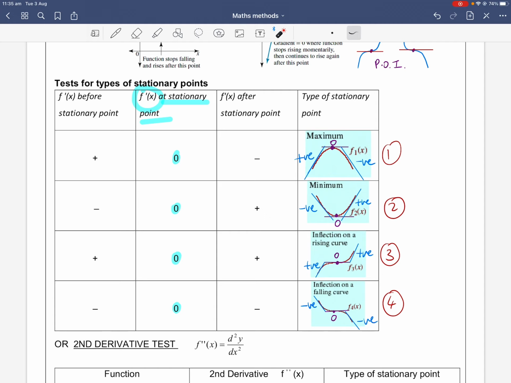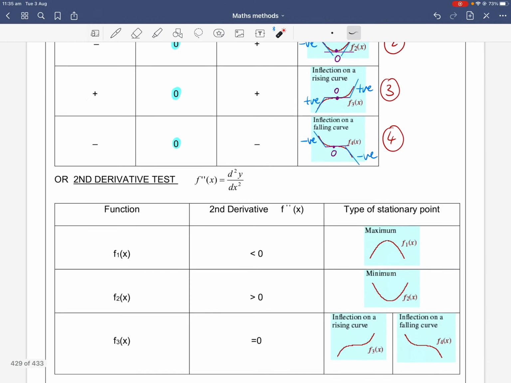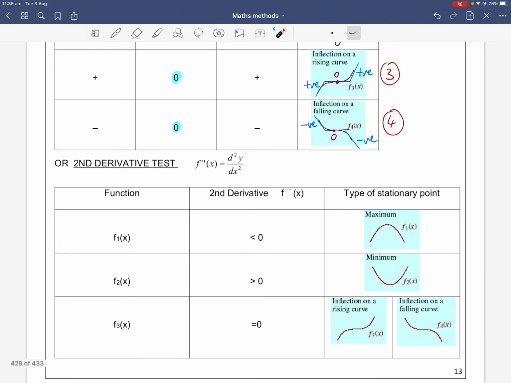There's also another test called the second derivative test. It's not always that useful, but it is much faster than this table method. To apply the second derivative test, we need to differentiate twice, so find f dash dash. Once we find f dash dash, we can check the nature by looking at whether f dash dash is positive or negative.